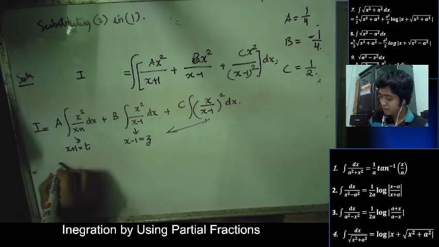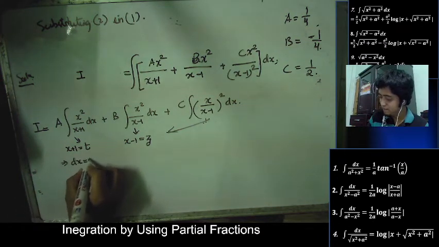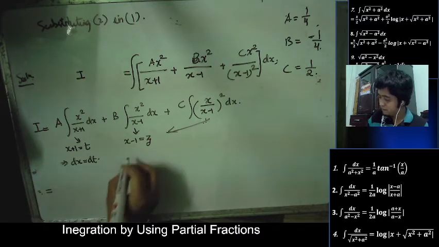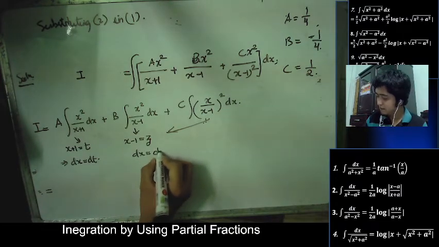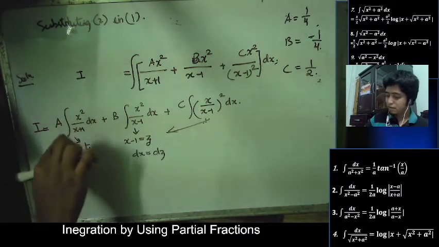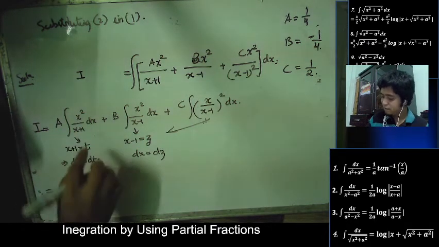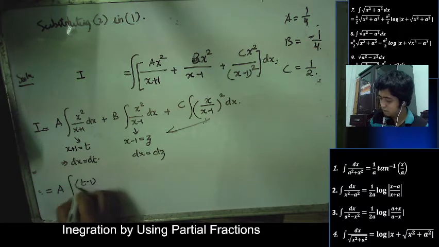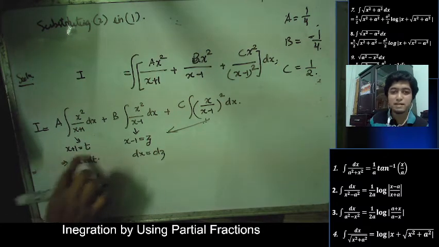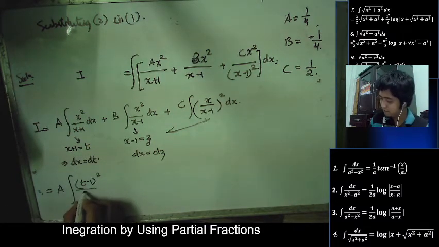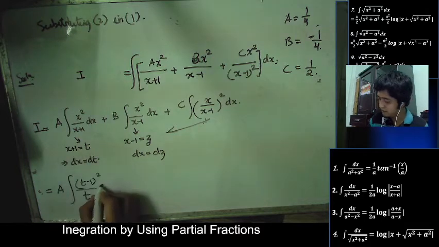So over here we'll be having dx equal dt, dx equal dz for these two. Now over here x squared will be t minus 1 whole thing square, because x will be t minus 1, divided by x plus 1, which is t, dt.